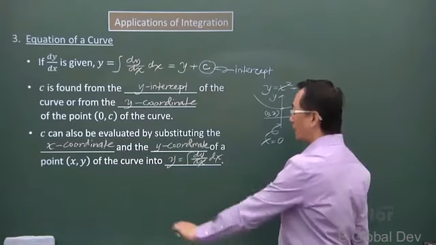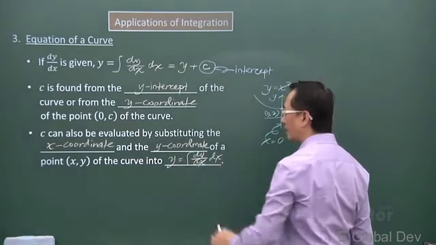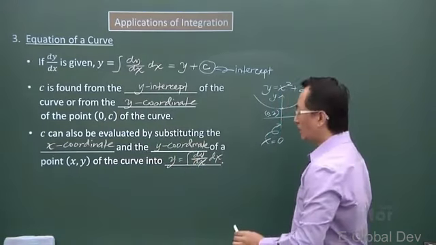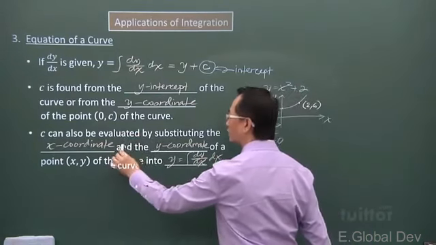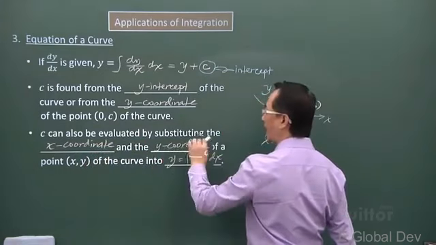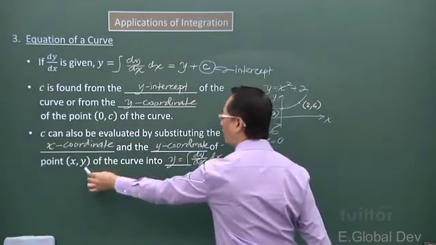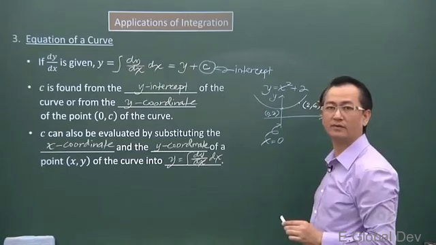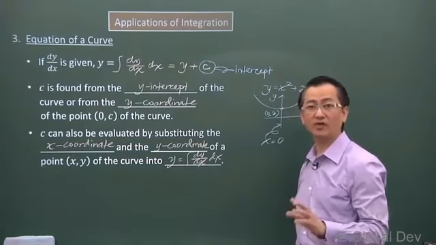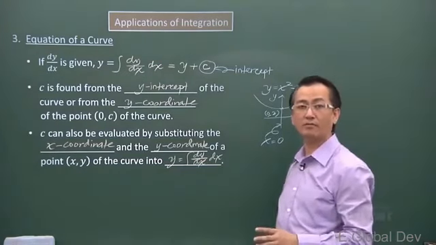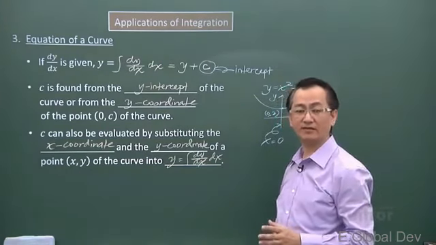Or in your integration, what you need to find the c then is to use the x coordinate and y coordinate of a known point on the curve. So this is how the equation of a curve can be found basically from the first derivative.